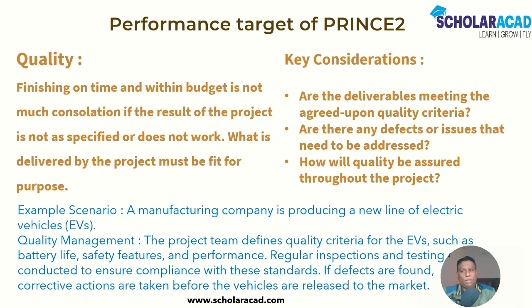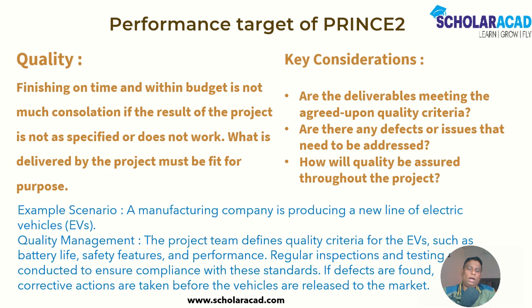Every deliverable will have specific criteria for the quality parameters. Whether you have identified all the defects and removed those defects. How are you going to do the quality assurance, quality control, and quality management activity throughout your project, from start to end?